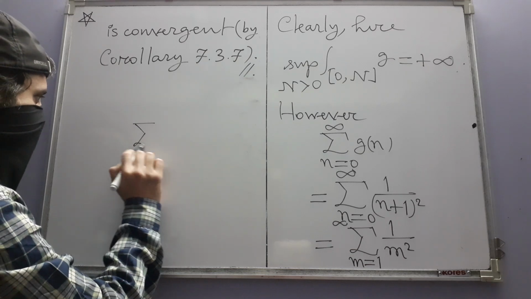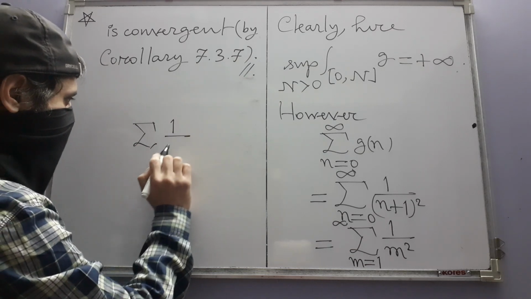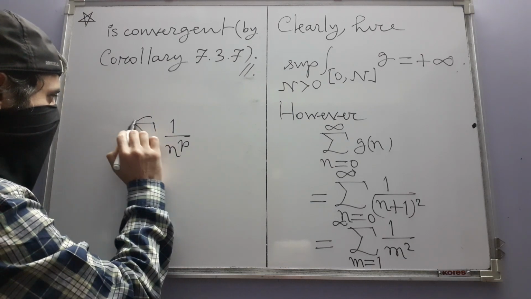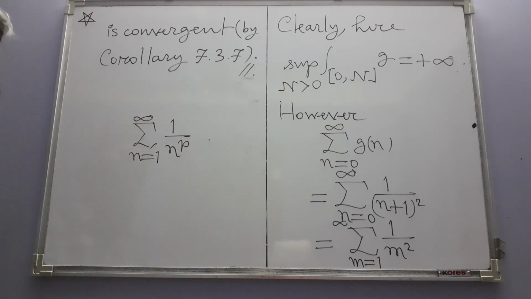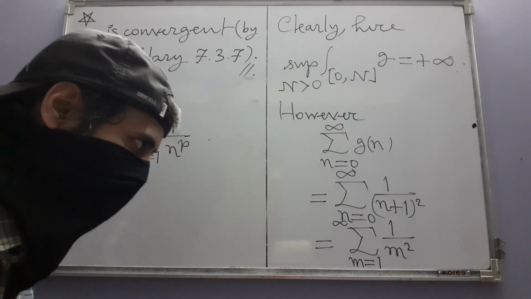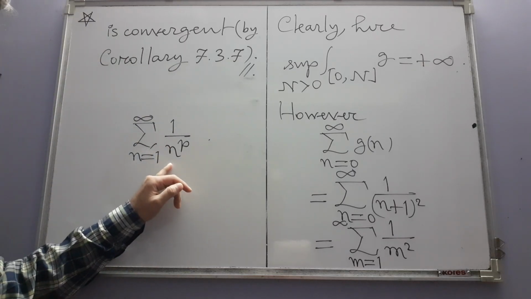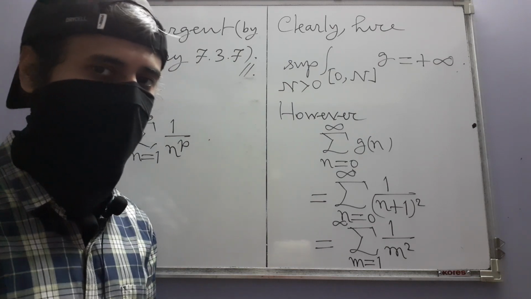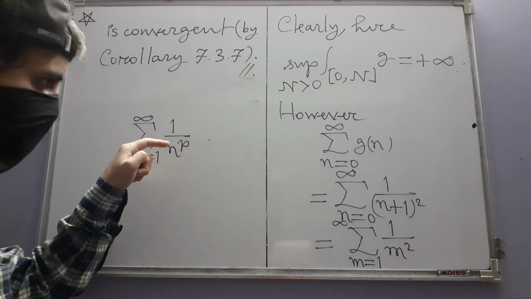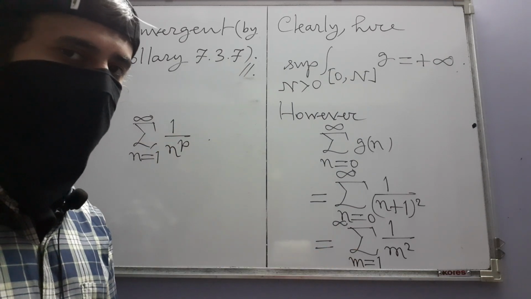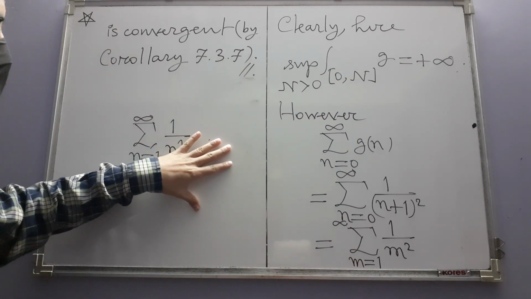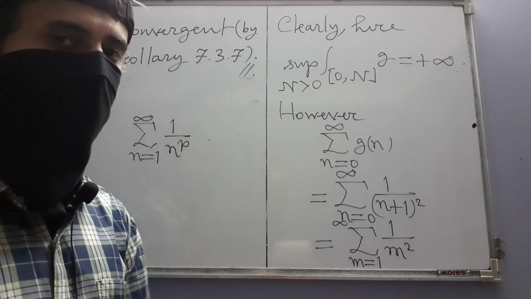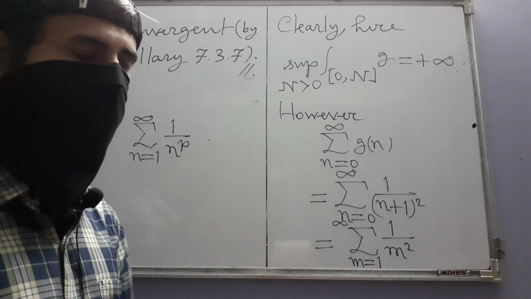Do you remember this series where p is a real number, and the result that says that this series is convergent if p is greater than 1 and divergent if p is less than or equal to 1. That is the next corollary that we have to see, but the job is to use the integral test to get this corollary. So we will see how we can do that.